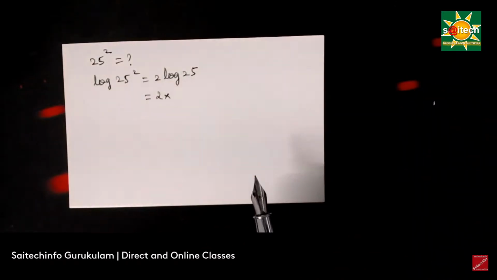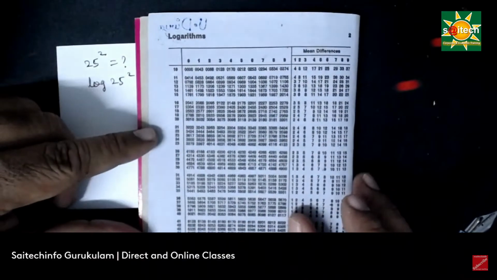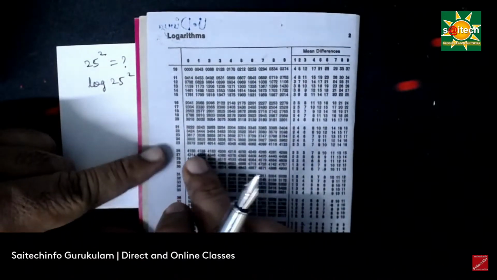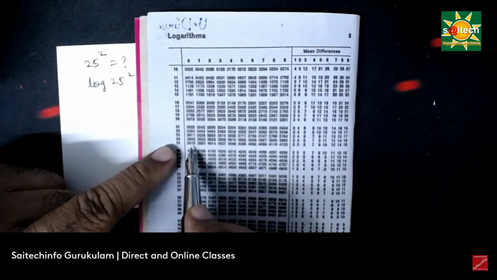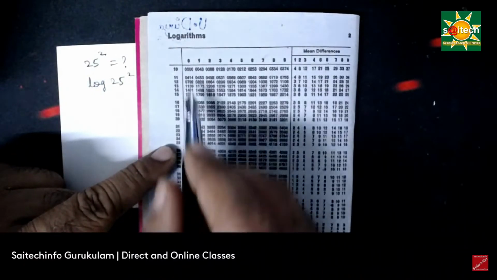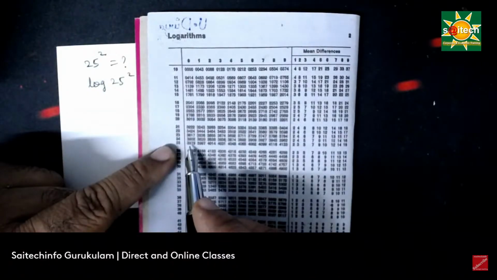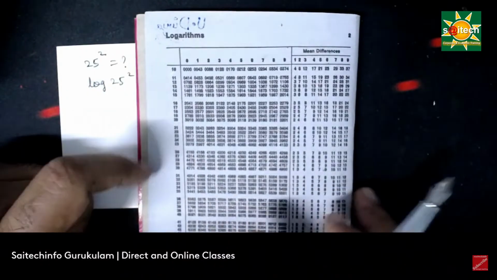So get me the book. So log 25, 0. So here it is 3979. Is it not? Log 25, find out the value here in 0. So 3979. Okay.